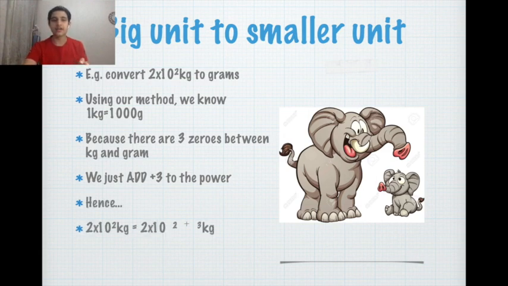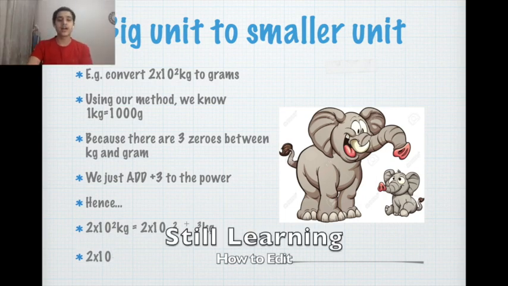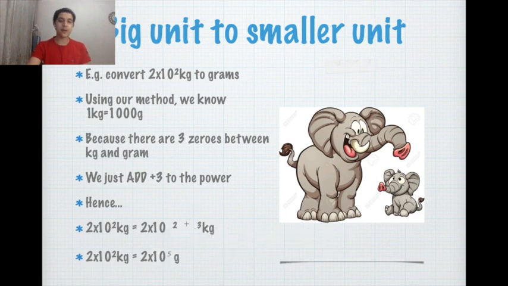So 2 times 10 to the power 2 kilograms is 2 times 10 to the power 2 plus 3 grams, which will give you 2 times 10 to the 5 grams. You can do this on paper and multiply 200 by 1,000, and you'll get 2 with 5 zeros.